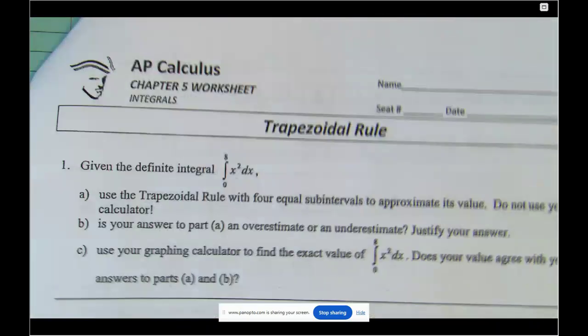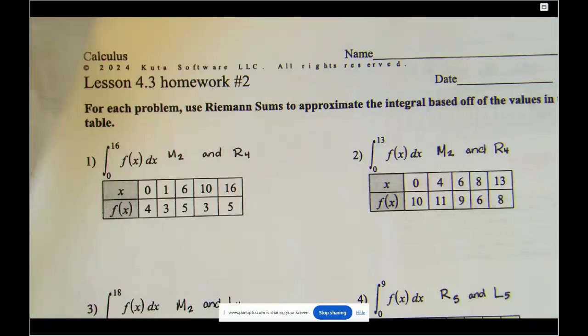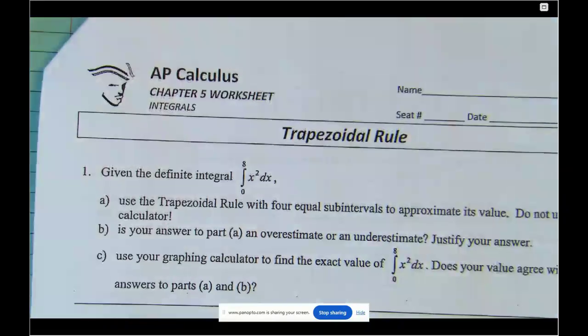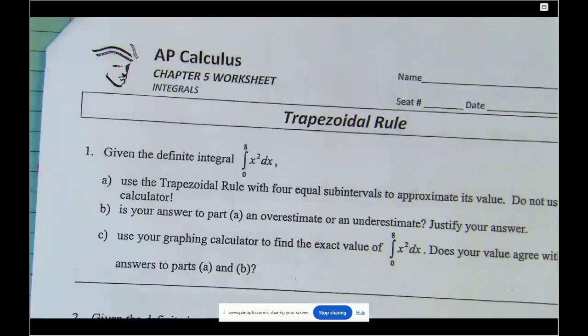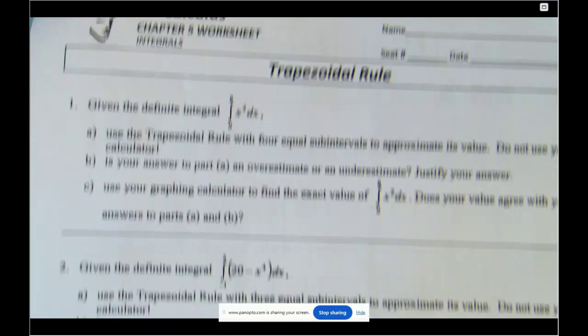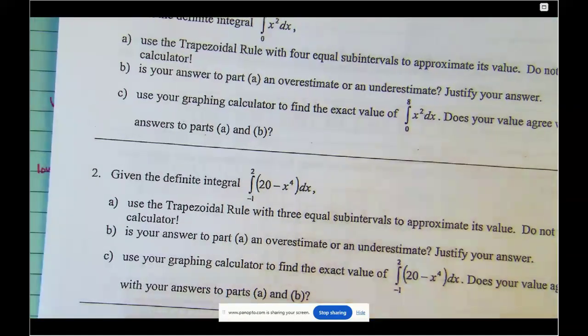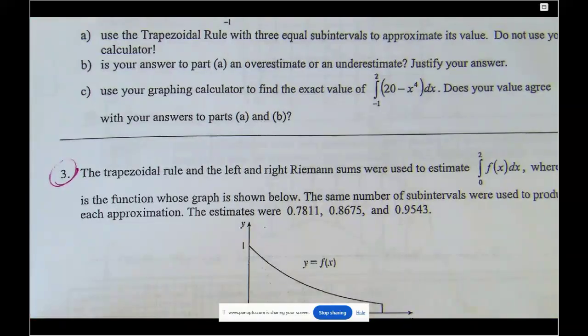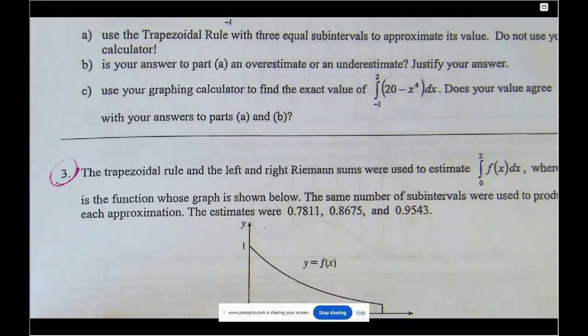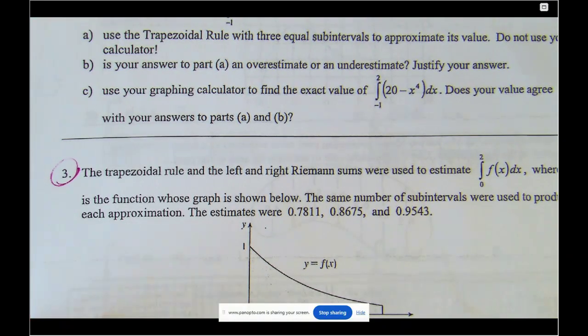There's one before. One page before that, it says trapezoid rule. I want you to do number 3. This is a different paper, Avery, the other packet.